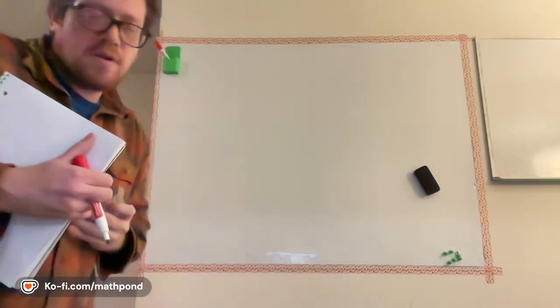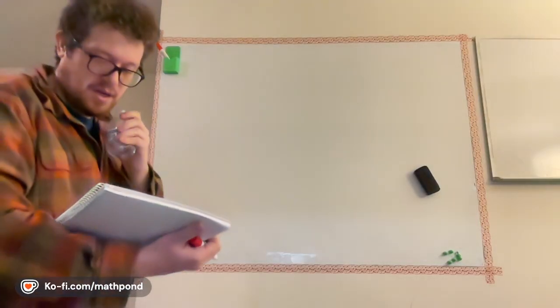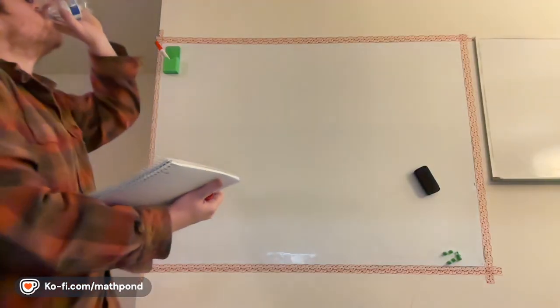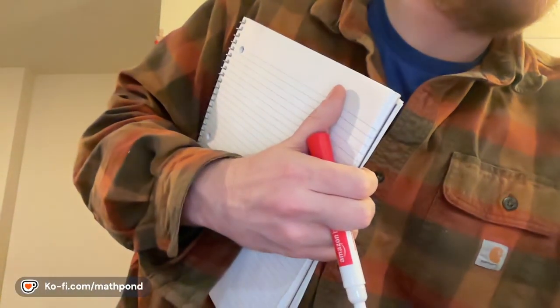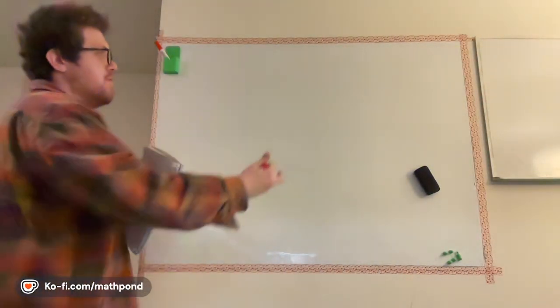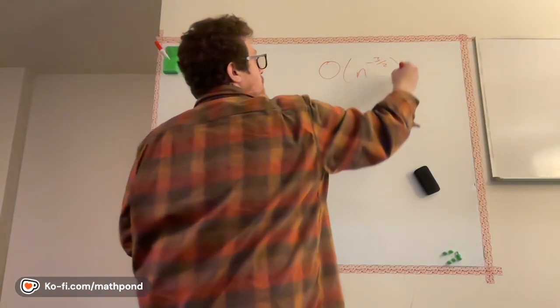Can you explain the third line again? Oh, I just erased it. What was the third line? Are you asking about the O of n to the negative 3 halves part for both of them?